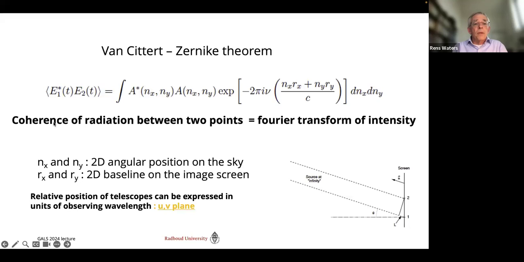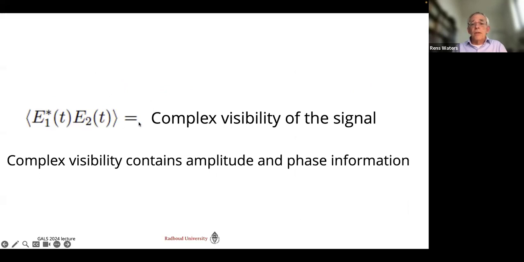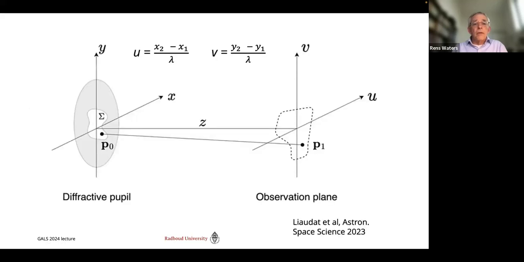So the coherence of radiation is actually a Fourier transform of the intensity of your object on the sky, and this is used in interferometry because we can measure with the interferometer this quantity here, which is the complex visibility of the signal, which contains the amplitude and phase information of the signal.